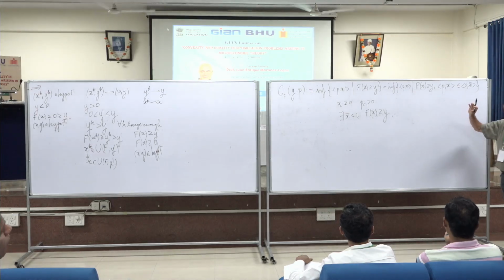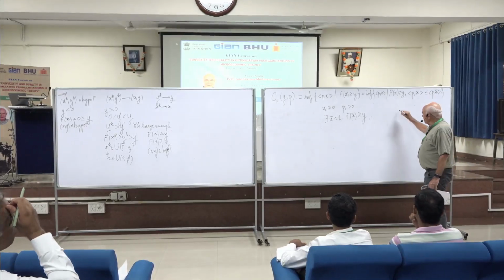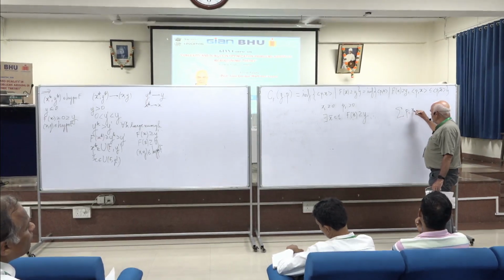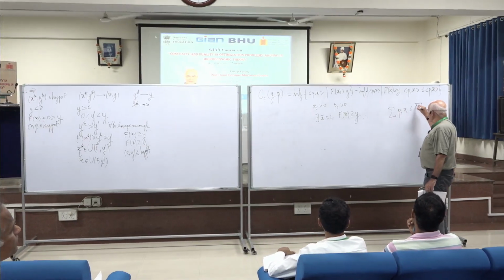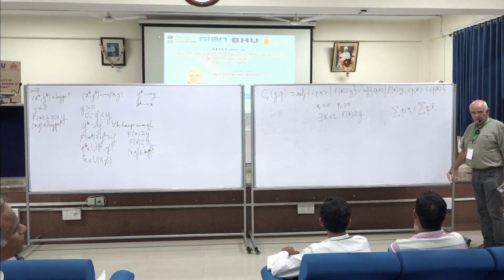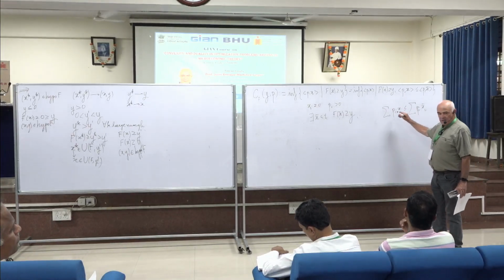It was already closed, but now it's also bounded. Why? Because we have this constraint, which means the sum of p_i x_i is less than or equal to the sum of p_i x_i bar. And of course, everything here is non-negative.